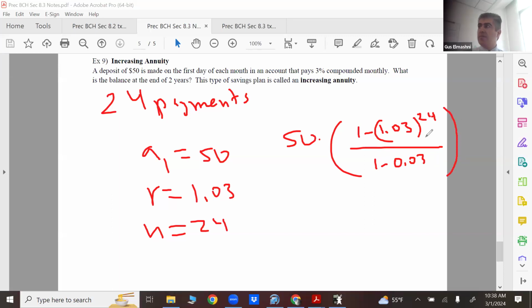Yeah, go ahead. No, because I did 24. No, if you kept time in years, yes, you would have to do an adjustment like that. But no, because the 3%... I know why you're saying that.